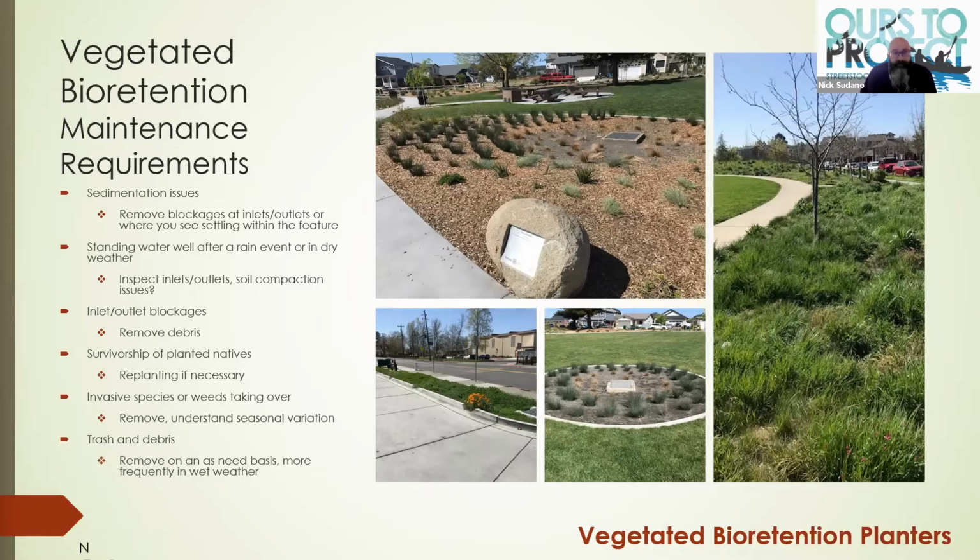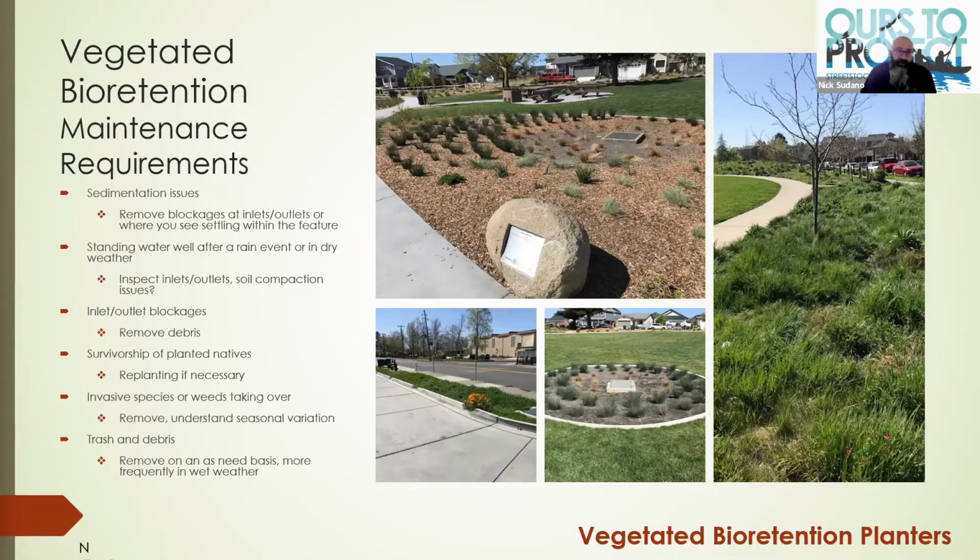We're looking at invasive species and whether weeds are taking over, and having owners and landscapers understand that those need to be removed. There are also going to be some seasonal variations.